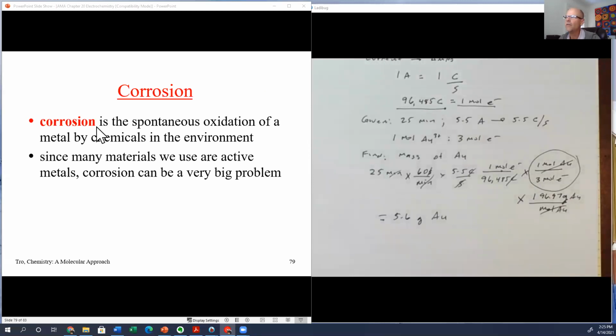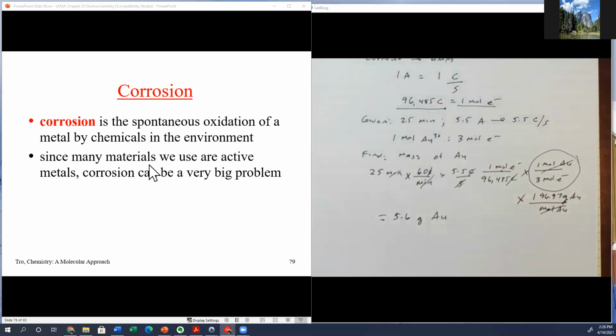Other metals will also undergo this kind of spontaneous oxidation because we have an atmosphere that has oxygen in it, and oxygen is good at causing the oxidation of other things, which is why it's called oxidation. It's called oxidation because oxygen is very good at oxidizing other things.